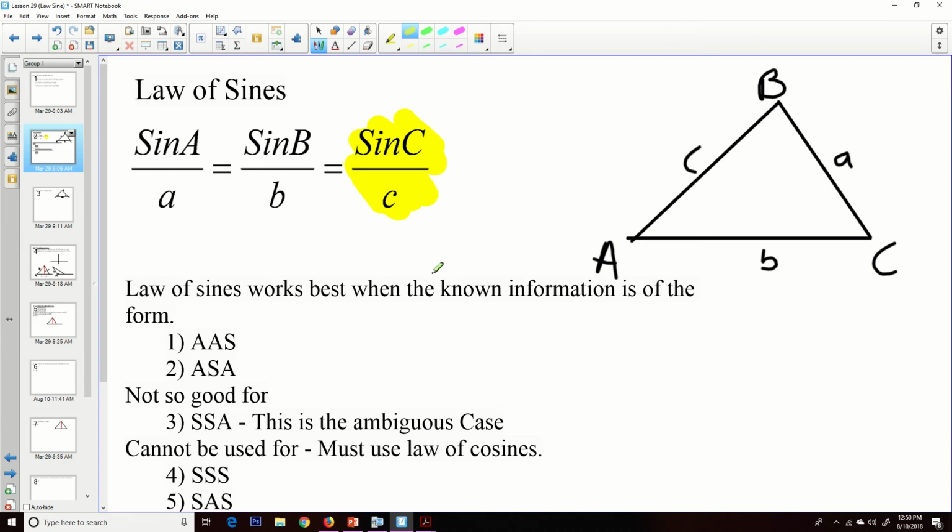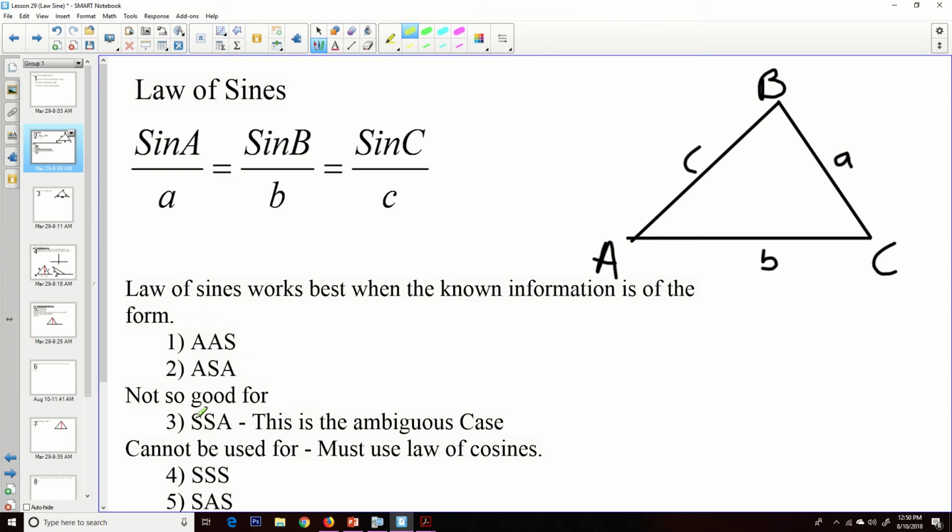Now the law of sines works best when the known information is of the form angle angle side or angle side angle. And I know that sounds like a geometry term for proving congruent triangles, but when I say that the known information is that I know two angles and the side that's not in between them, or I know two angles and the side that is in between them, the law of sines works very well.